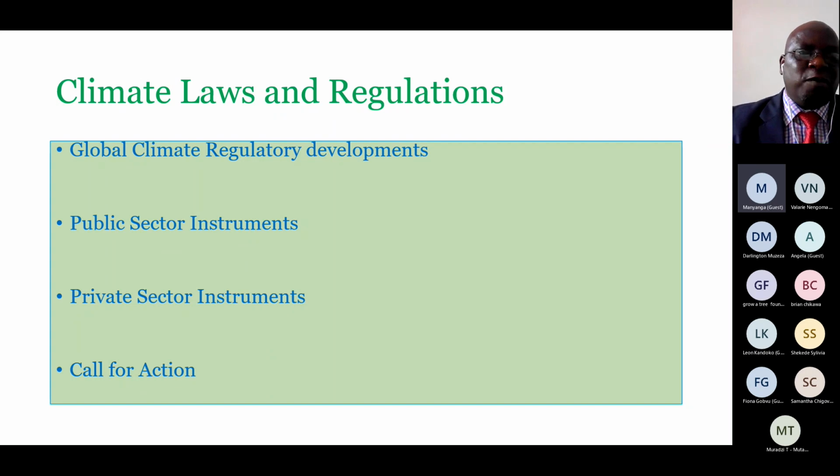Then I'll talk about public sector instruments in Zimbabwe as of now, and also the private sector instruments that can drive climate actions, and the ones that we should be monitoring. What is it that our public sector institutions and private sector companies are doing now? And my last will be the call for action. I think that is what is going to make a difference.